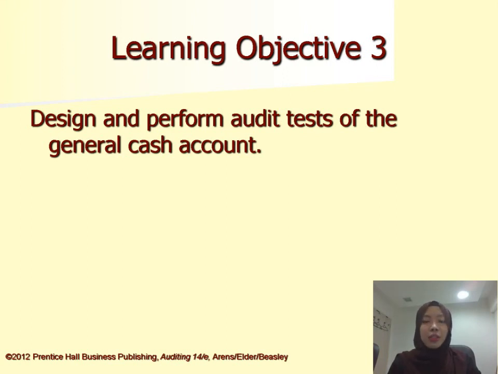There are three elements in phase 1. So first is identifying client business risk affecting cash.